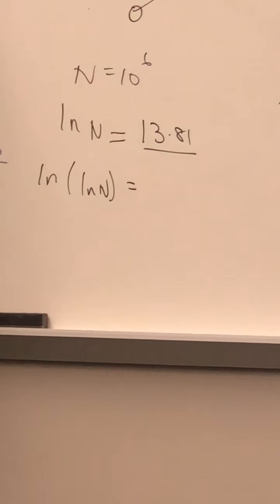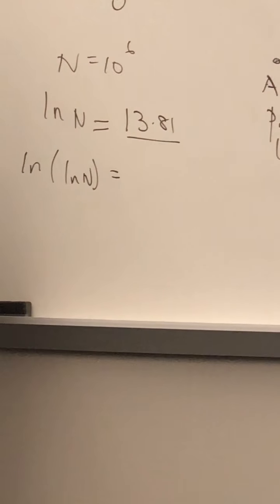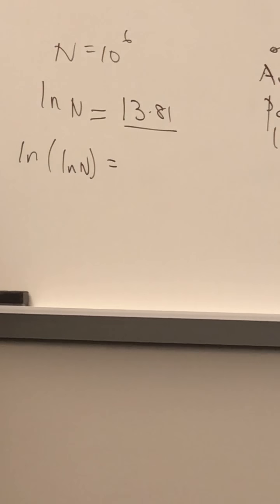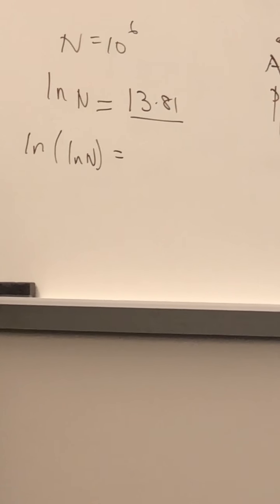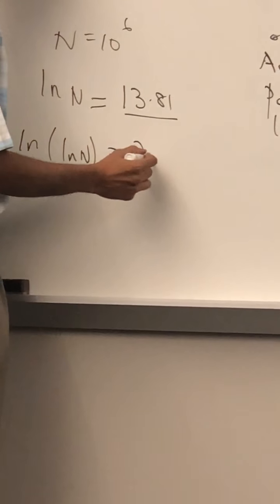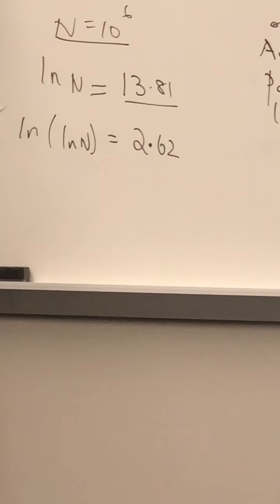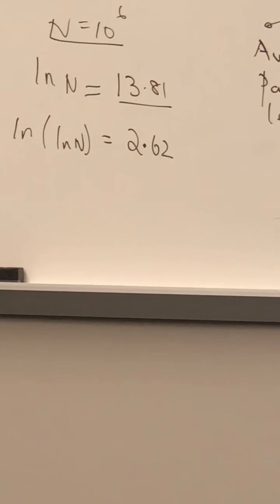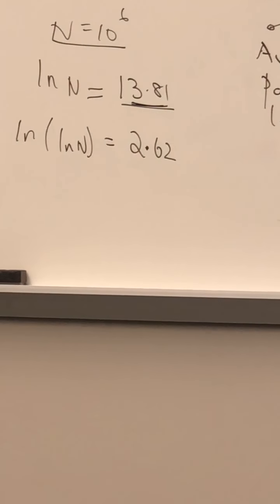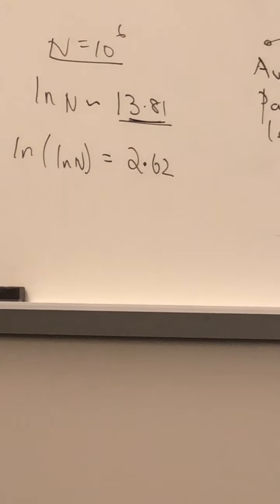Log of 13.81 is 2.62. So that is the kind of relative magnitude. Even though Facebook and large social networks can have millions or even a billion users, the average path length between any two nodes is proportional to log n, which is 13.81.